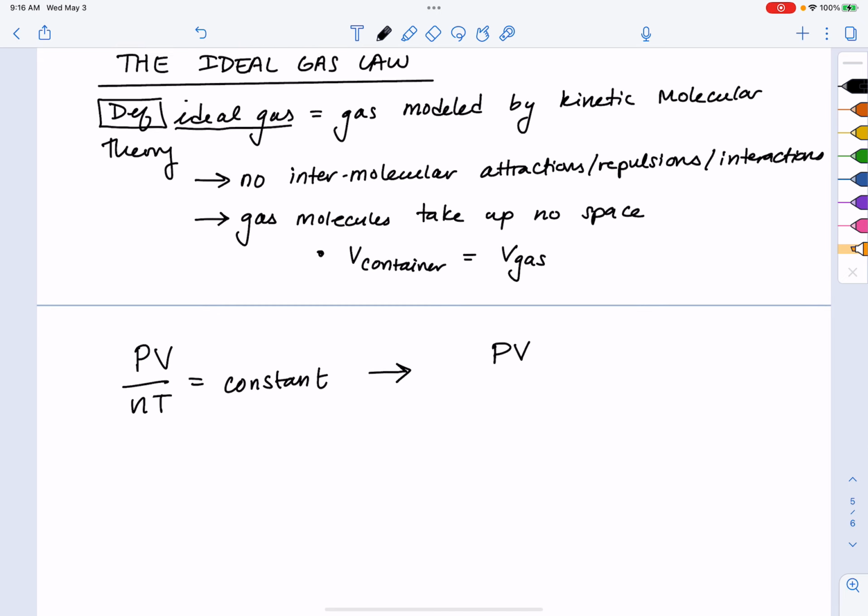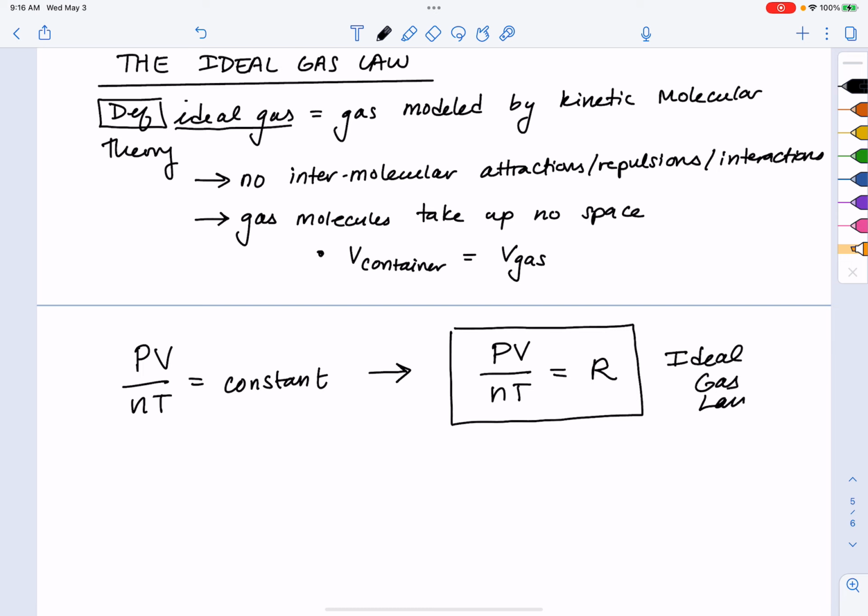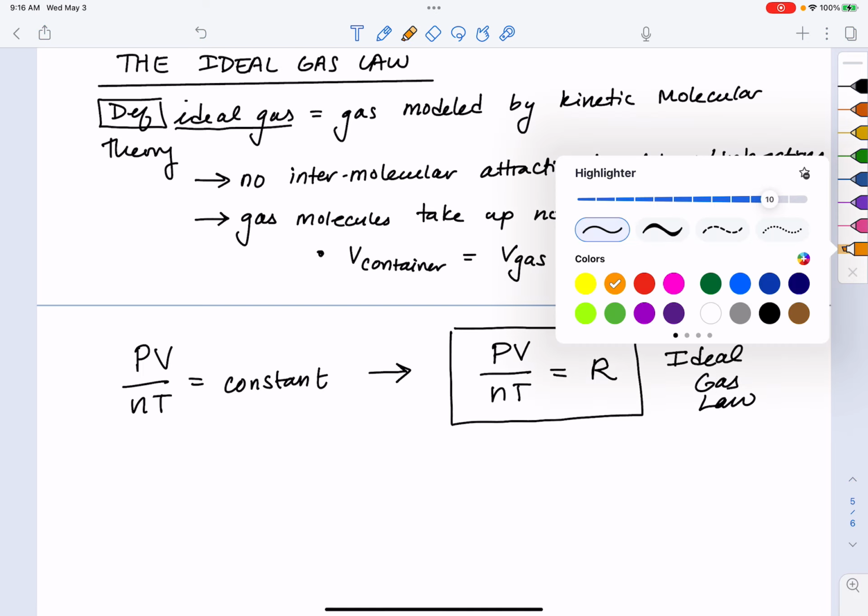So PV over NT is equal to R. This is the ideal gas law, meaning this equation describes the behavior of a gas that can be modeled by the kinetic molecular theory.